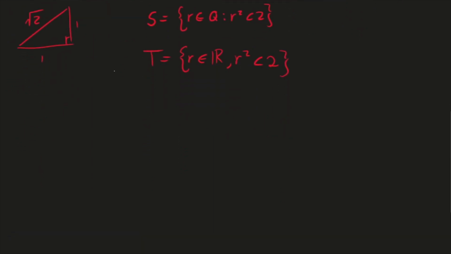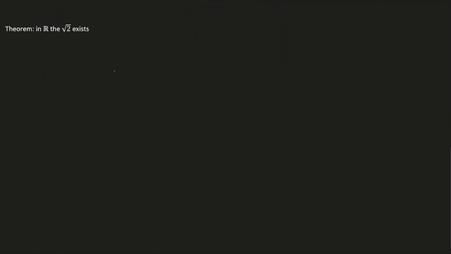And that is just here. We are going to show that in the real numbers, the square root of 2 exists. Kind of a fun little proof to do, and I am going to leave a bit of it to you. Exercise for the reader.